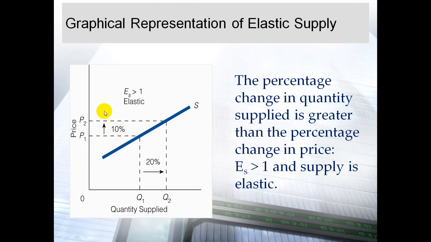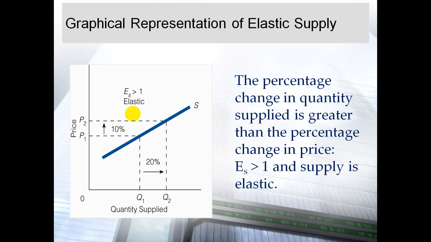That means if the price of the good you sell changes by 10%, of course the relationship is direct, because the law of supply states that when the price increases the quantity supplied increases too. When price falls, quantity supplied falls too, ceteris paribus.